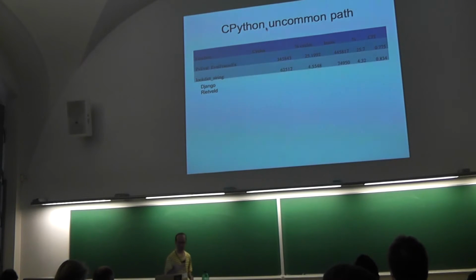So here's another example in CPython. What's the common path? You can see that there's a Python benchmark that Google developed called Unladen Swallow, and that some of the more realistic benchmarks are Django and Ruby.